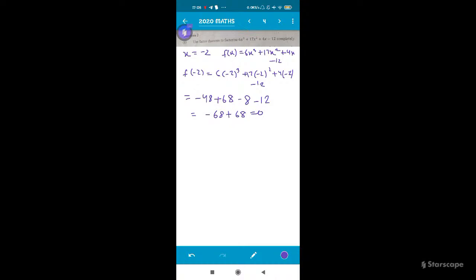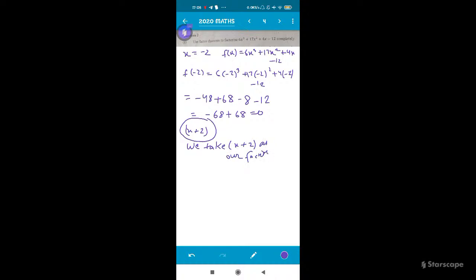That means x is equal to minus 2 is considerable for our question. That means x plus 2 is our factor. So we can write it. We take x plus 2 as our factor.